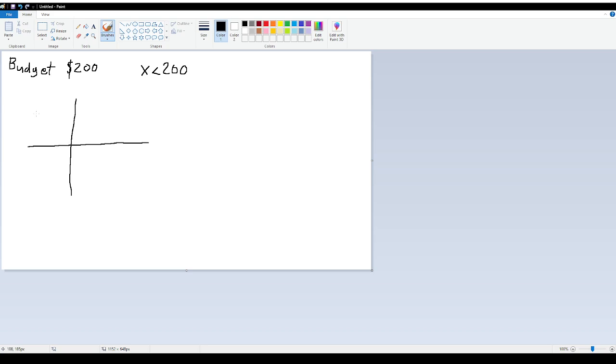The way you do that is you would have a point up here at 200 and you would draw a flat line all the way across, and all of the space underneath and above the y-axis, because we don't have negative dollars, this can be disregarded.